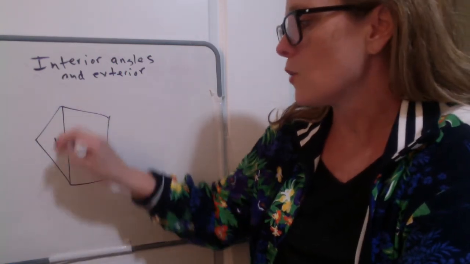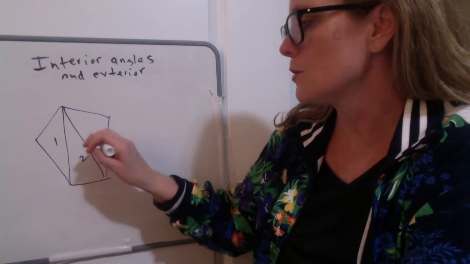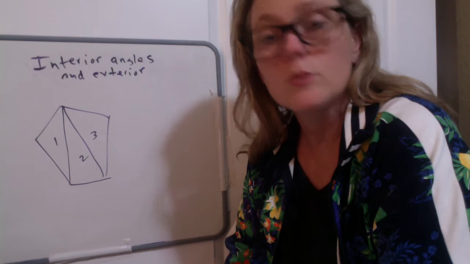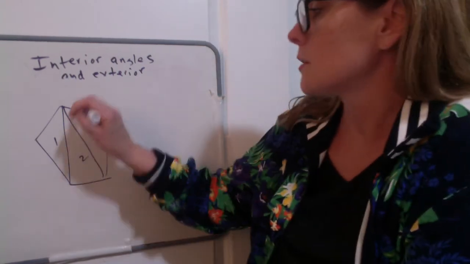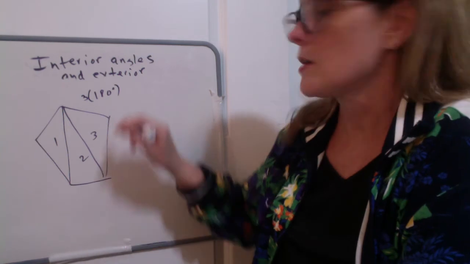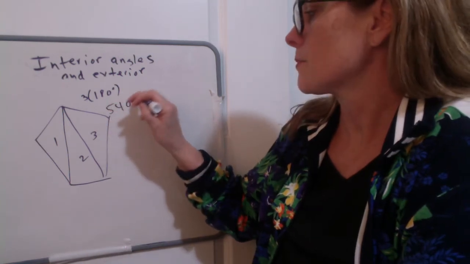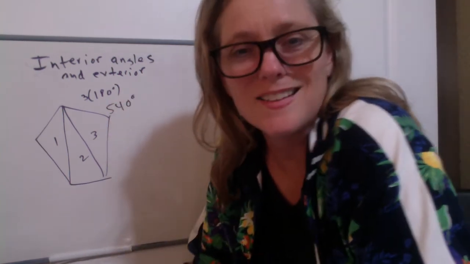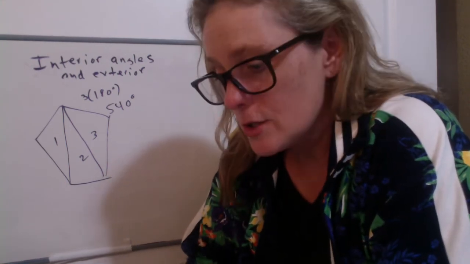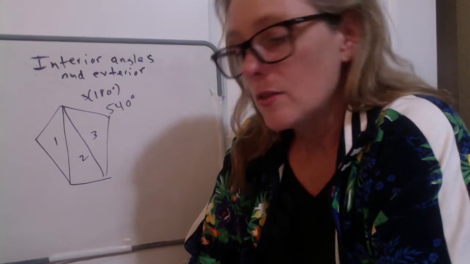Break this up, I have 1 triangle, I have 2, I have 3. So those interior angles are going to be equal to the angles in those 3 triangles. 3 times 180 degrees, I get 540 degrees.